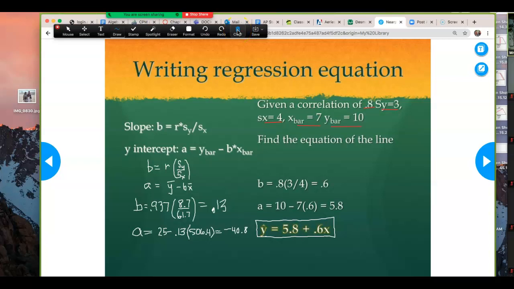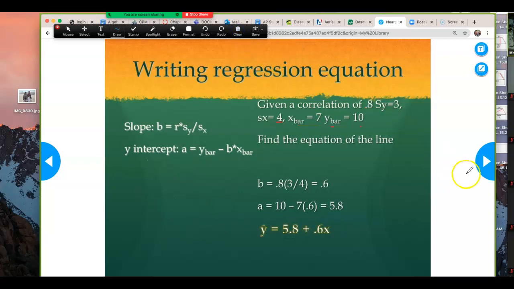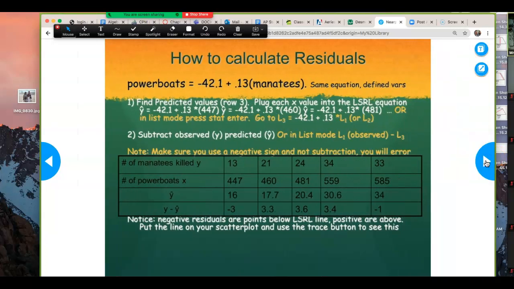A couple other things. We got to interpret the correlation coefficient. We got to find the residuals. So what's a residual? In the word residual is the word residue. If there's residue, that's leftovers.